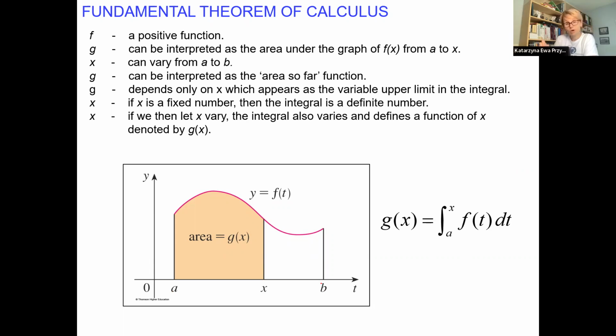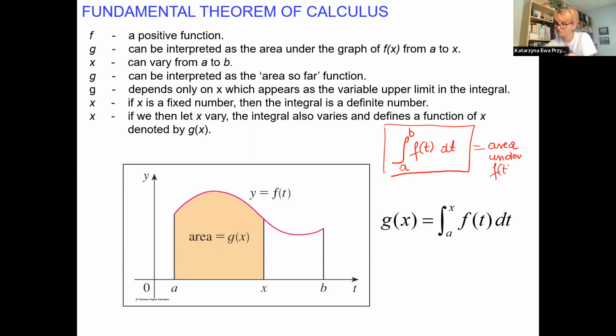Now we know the area under the curve can be written as the integral of f of t dt from a to b. This is definitely the area under f of t. We know the definite integral represents the area.